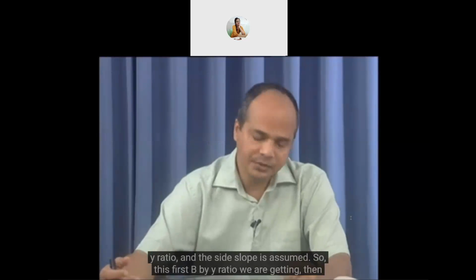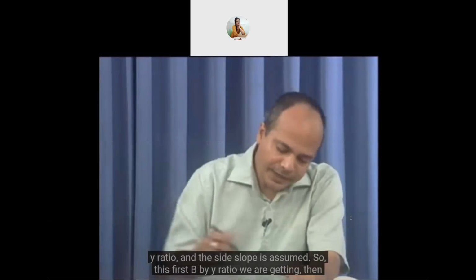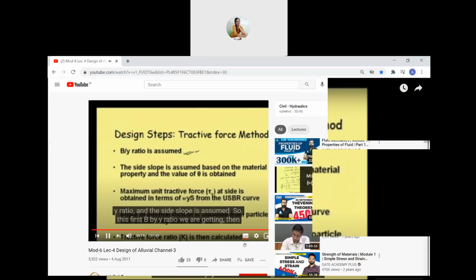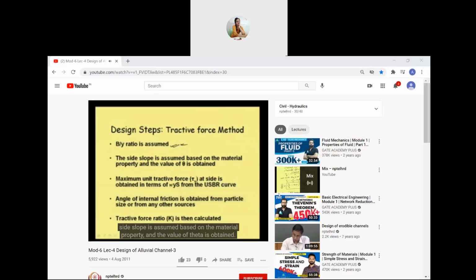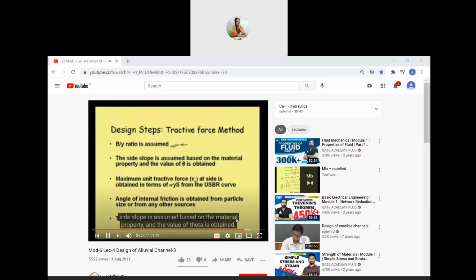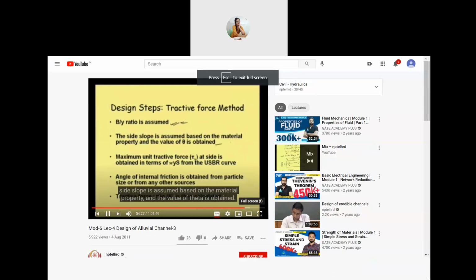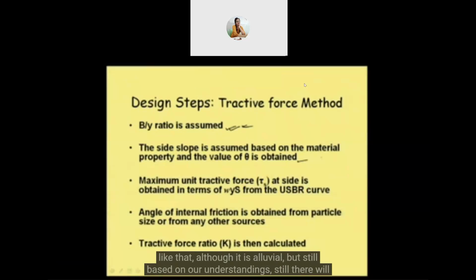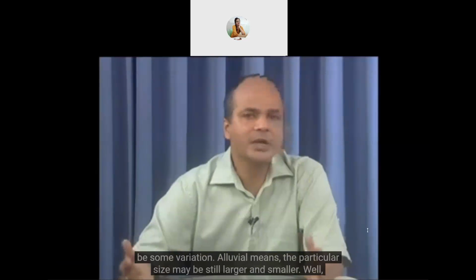And then the side slope is assumed, based on the material property, and the value of theta is obtained. As we discussed, for this particular material the side slope will be like that. Although it is alluvial, there will still be some variation, since alluvial means the particle size may be larger and smaller.